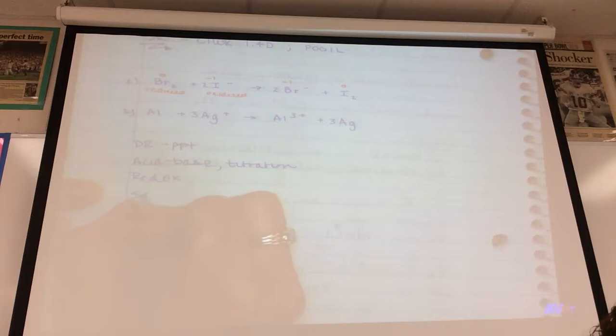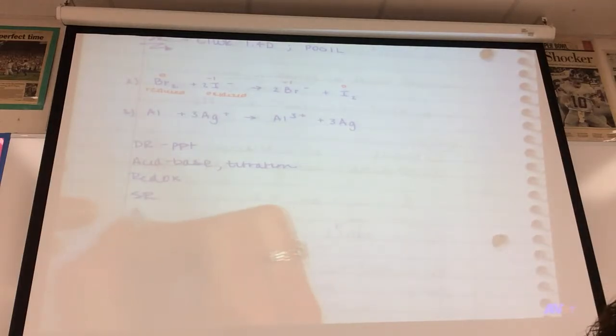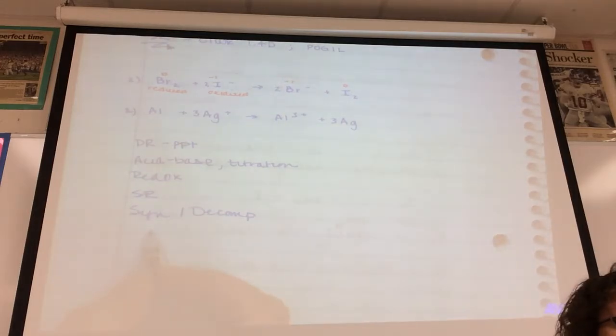We've talked about single replacement, and the last thing we want to talk about is synthesis and decomposition. The synthesis is going to look pretty similar to last year. There's going to be a little bit more complex synthesis, but nothing that's going to bother you. The decomp is also very straightforward.